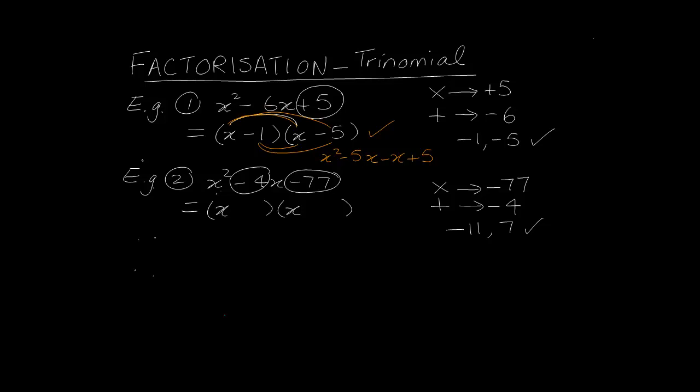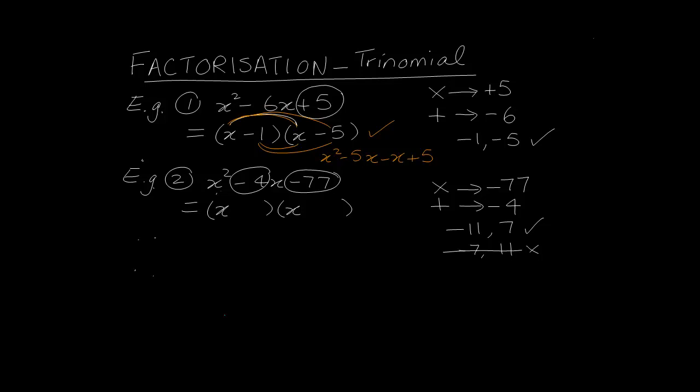In the event where you tried, say, negative 7 and positive 11, they would certainly multiply to give me negative 77, but they would add to give me positive 4, so that one doesn't fit. In that event, usually what we would do is try the other combination by having the signs switched around on the two numbers.